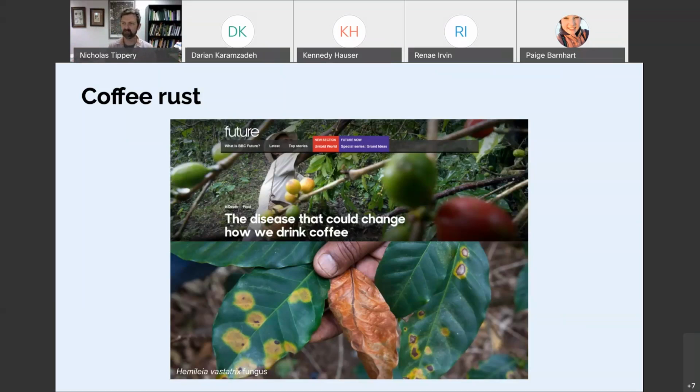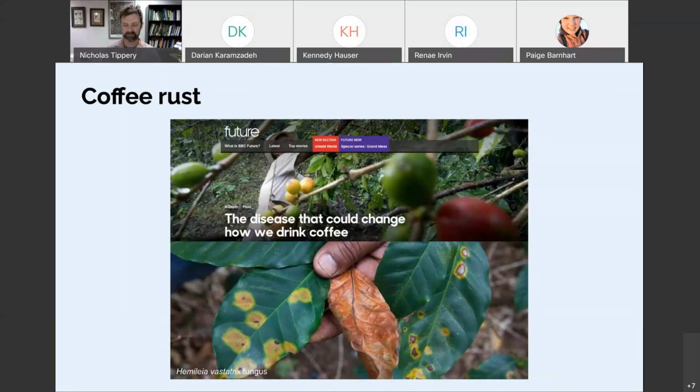Fungus in particular, if you think about how fungi get around, right? They have microscopic spores, pretty hard to prevent them from getting around. They get around in the air. And so if you're a person who's maybe doing consulting on coffee plantations, you could be passing this around between coffee plantations and not know it. So something to think about.